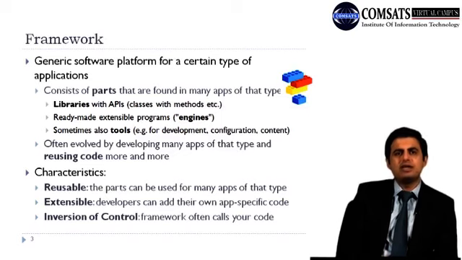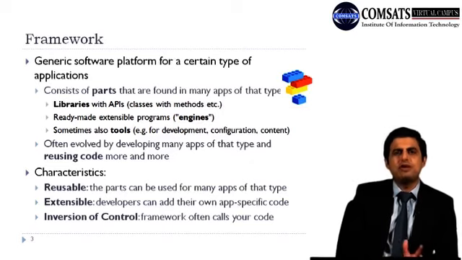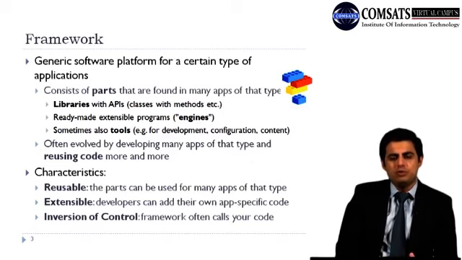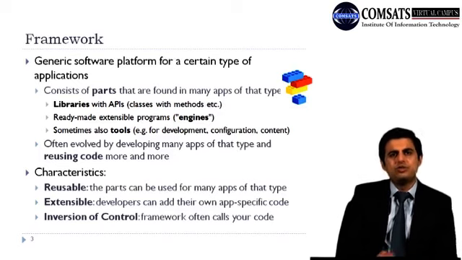But in frameworks, there are many libraries which have methods and classes in them, and you can simply use them, or you can opt for that framework to do it for you. What it does is that when your system is running, the framework inserts the behavior which you want from that framework during the runtime of the application. So you don't have to explicitly write the code to call any method.